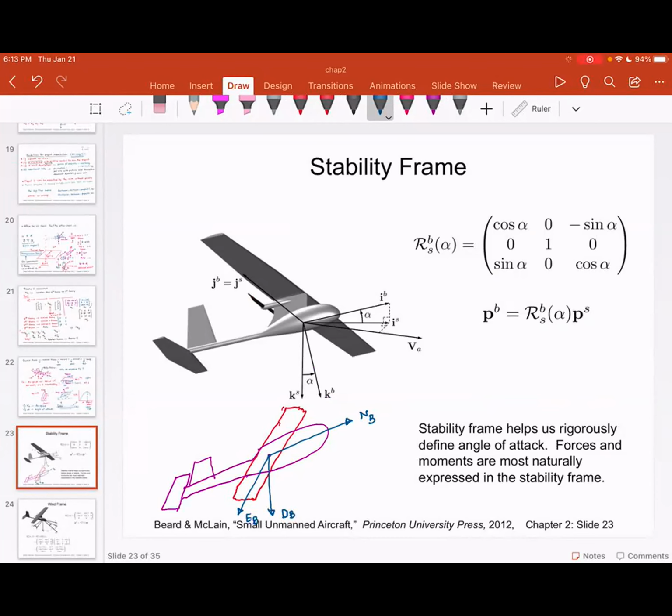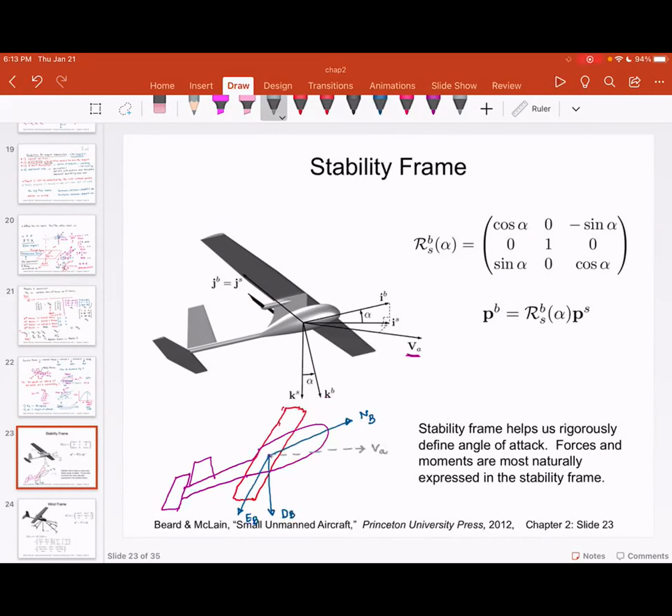Right now, everything is perfectly aligned. Please observe the airspeed VA. I'm going to show you the direction of the airspeed, which is in this direction. This is VA.